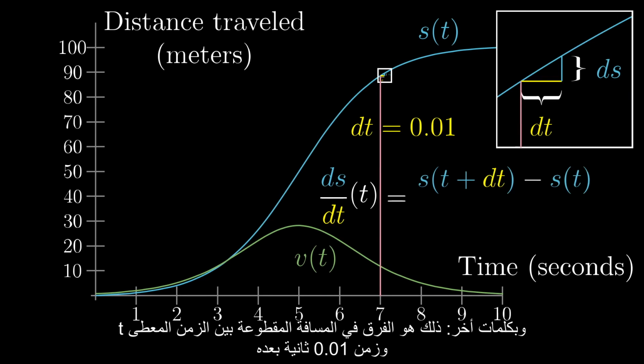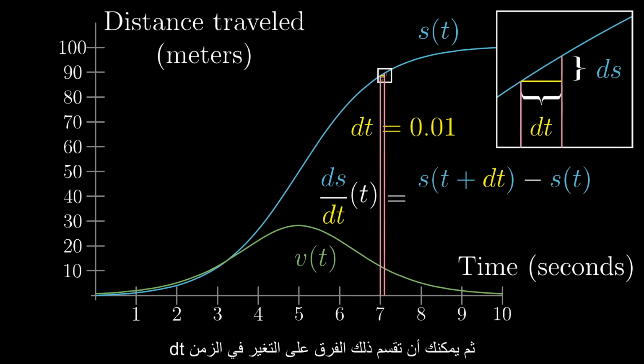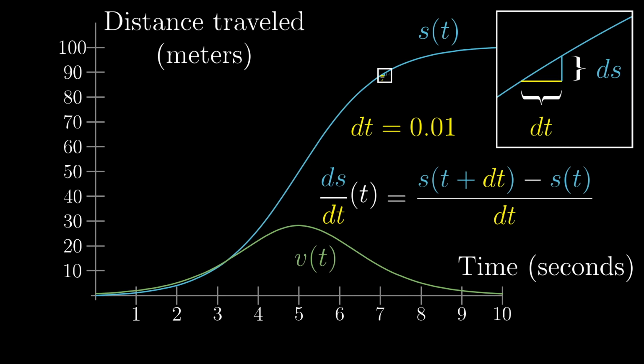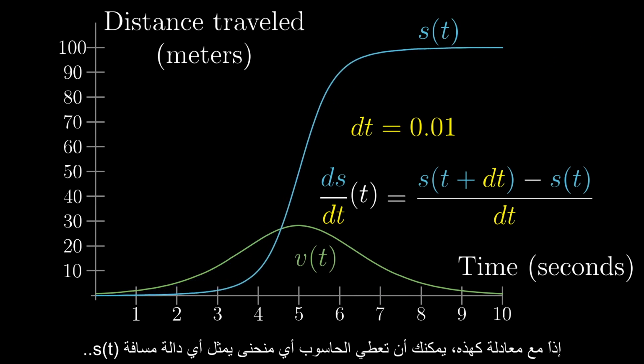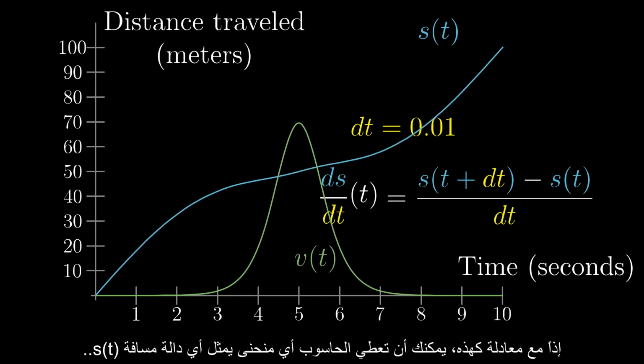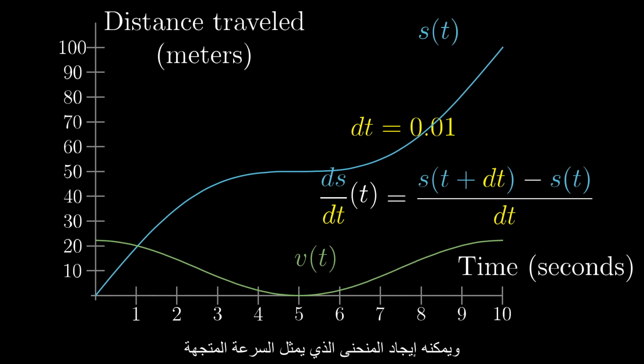In other words, that's the difference in the distance traveled between the given time t and the time 0.01 seconds after that. Then you can just divide that difference by the change in time, dt, and that gives you velocity in meters per second around each point in time. So with a formula like this, you could give the computer any curve representing any distance function s of t, and it could figure out the curve representing velocity.